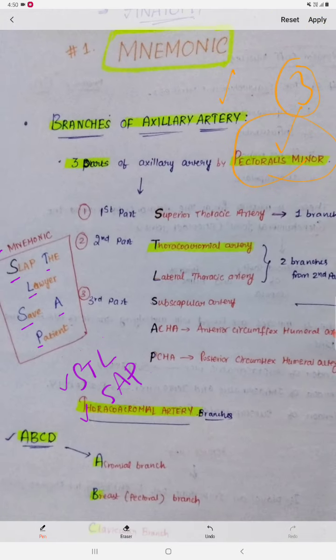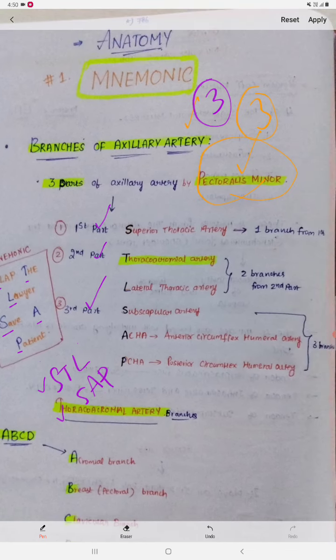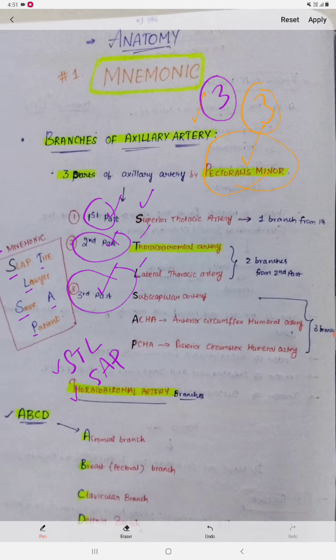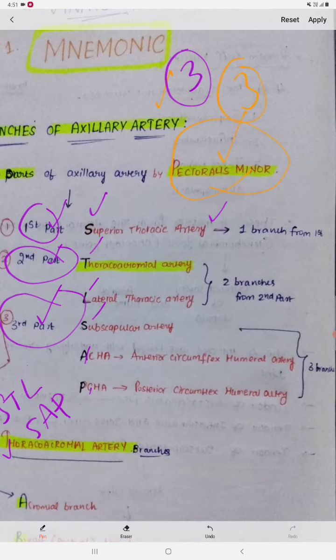And what does it mean? Actually we discussed that the axillary artery is divided into three parts. So first part, second part, third part, and correspondingly the first part will give only one branch, the second part will give two branches, and the third part will give three branches respectively. So what are the branches? STL, SAP, right? The first S stands for the superior thoracic artery. This is the only branch from the first part of the axillary artery.